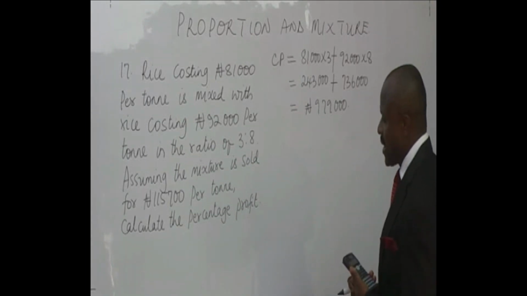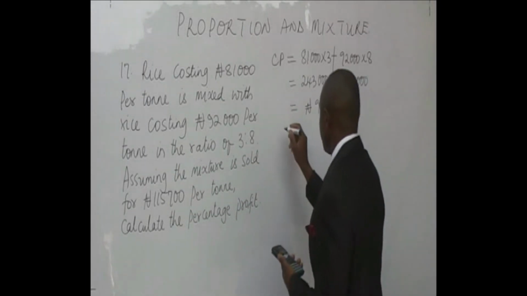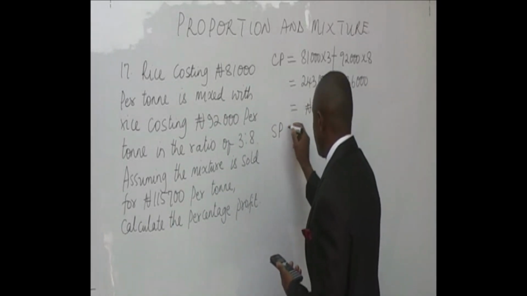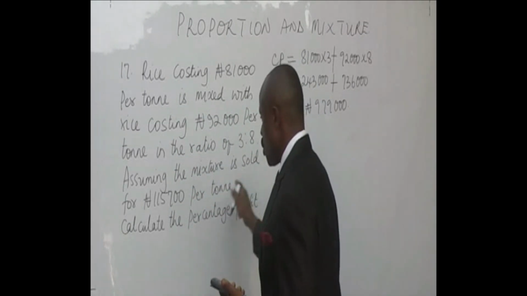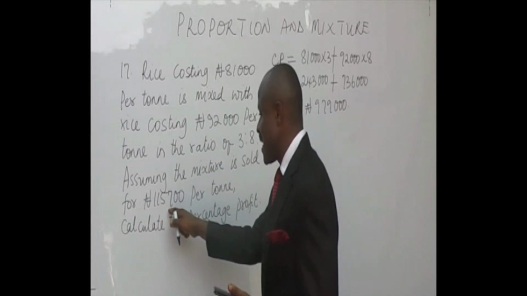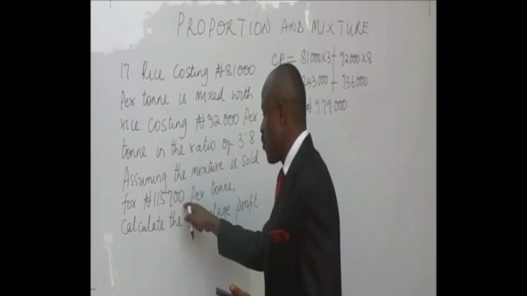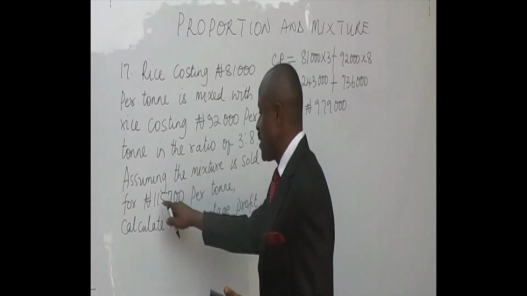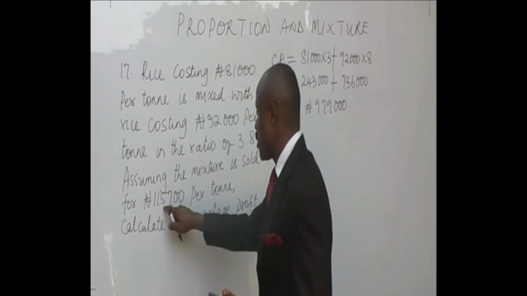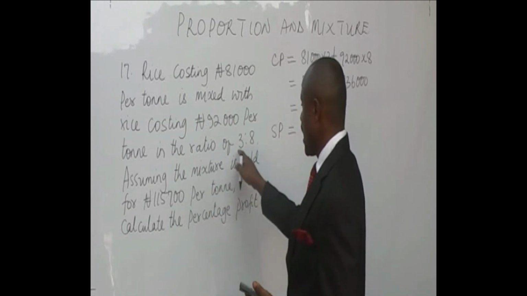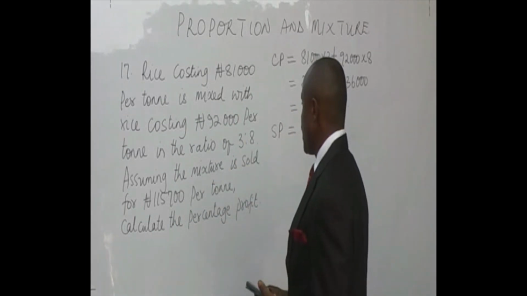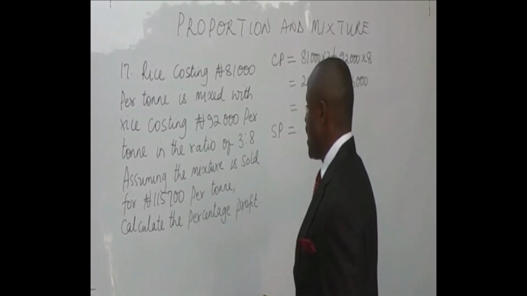Then our selling price is going to be, assuming the mixture is sold for 115,700 per ton. That means this amount per ton times the number of tons that are in the mixture. 8 plus 3 is 11.